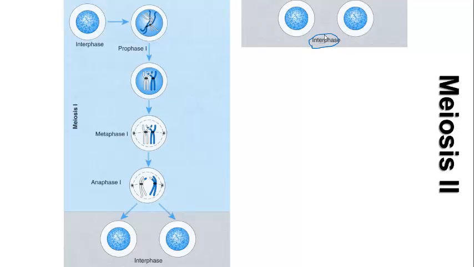So if we were going to use this figure to demonstrate the second meiotic division, or meiosis II, in the female gonads, we need to keep in mind that only one of these two cells, the ones labeled as interphase, will actually undergo meiosis II. In the female gonads, the one cell resulting from meiosis I that will undergo meiosis II is the secondary oocyte.